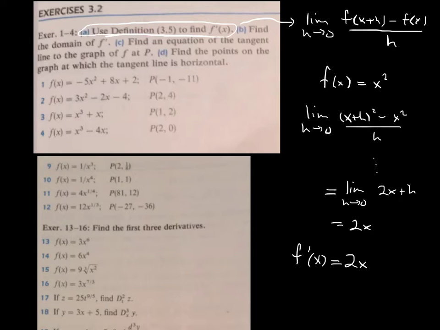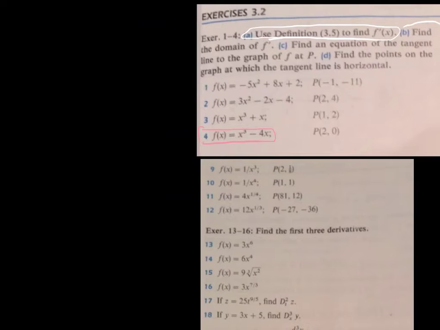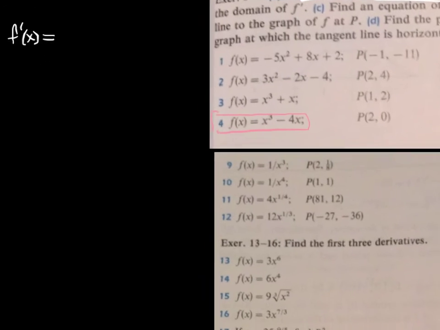So just picking one, let's do number 4. For number 4, I'm going to do part A. If f of x is x cubed minus 4x, f prime of x is, well, let's zoom in on it.